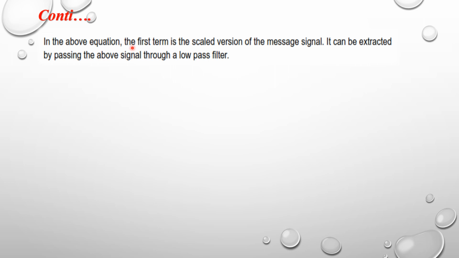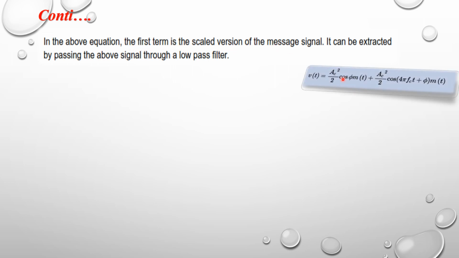In the above equation, the first term is the scaling factor version of the message signal, V(t) is equal to AC square by 2 cos psi m(t), and this is the scaling factor of the message signal. It can be extracted by passing the above signal through a low pass filter. So this is the product modulator output, and the output consists of a first term and a second term.